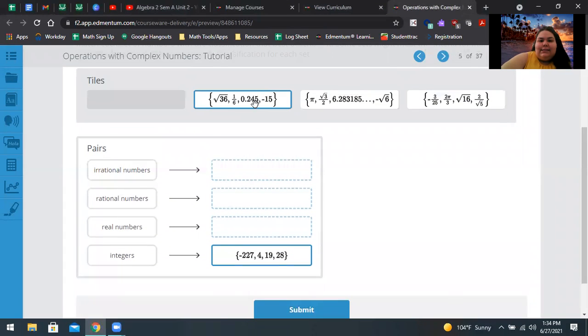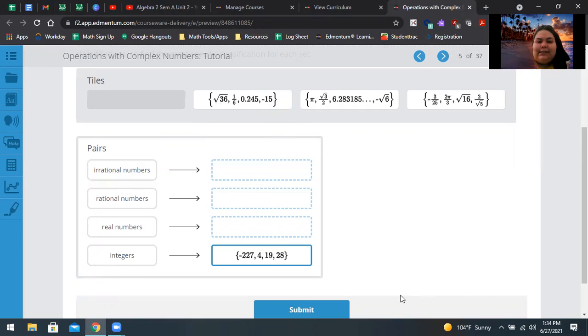Now, taking a look at this next one, we have the square root of 36, 1 over 6, 0.245, and negative 15. The square root of 36 is actually 6. 1 over 6 is a decimal, but it continues to repeat. So the question is, is this considered a real number? I know for sure I don't want to say it's irrational.